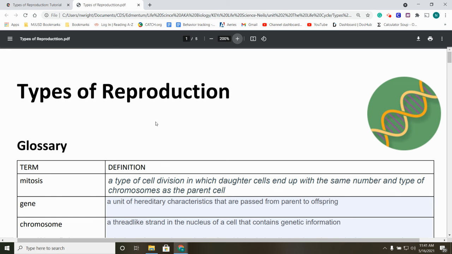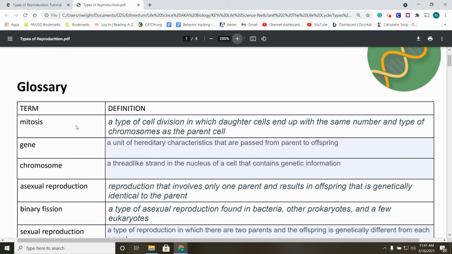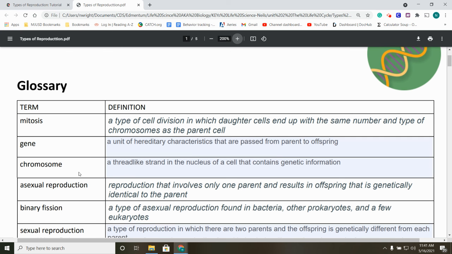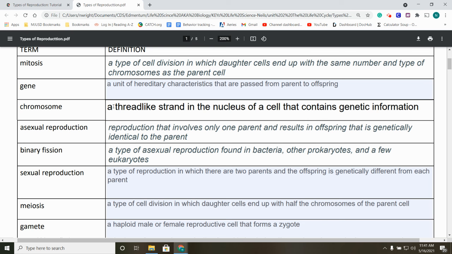Types of reproduction. Glossary. Mitosis, a type of cell division in which daughter cells end up with the same number and type of chromosomes as the parent cell. Gene, a unit of hereditary characteristics that are passed down from parent to offspring. Chromosome, a thread-like strand in the nucleus of a cell that contains genetic information.